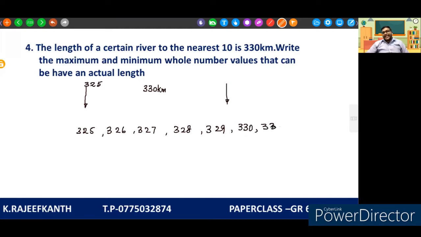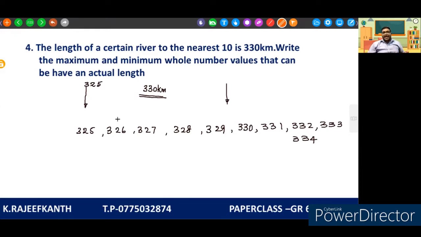Then 331, 332, 333 and 334. We can't write 335 because if we round that number to the nearest 10, we have to write 340, isn't it? So after rounding off to the nearest 10, we got 330. That is the length of a certain river.